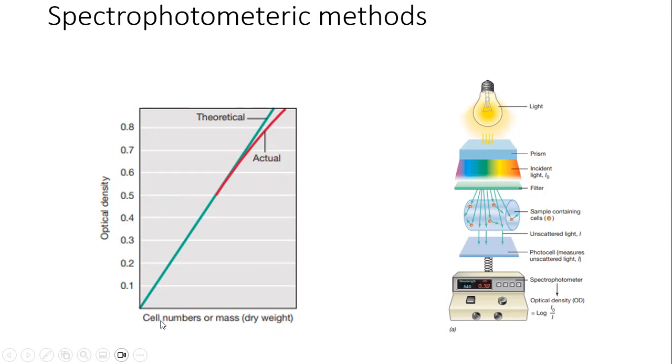Then once you have the standard graph, you just need to take your sample and take its reading. If 0.6 is the OD, by comparing with the graph, you can calculate the cell number, and in this way you will be able to determine what is the cell number in your given sample.